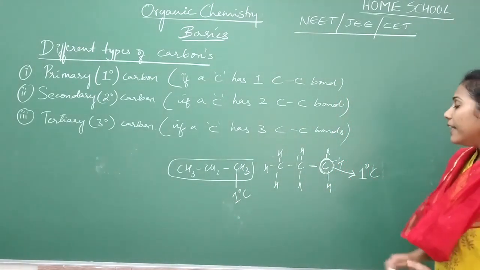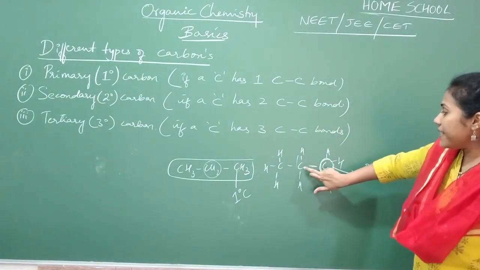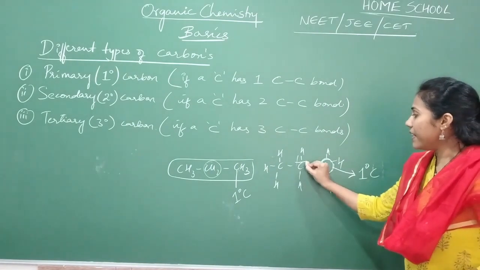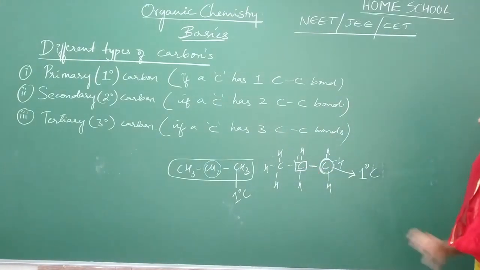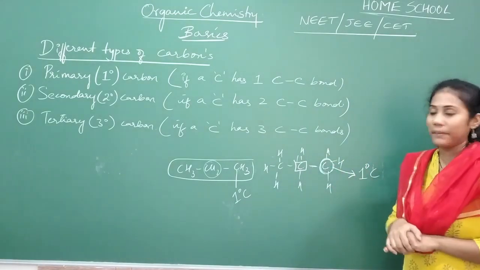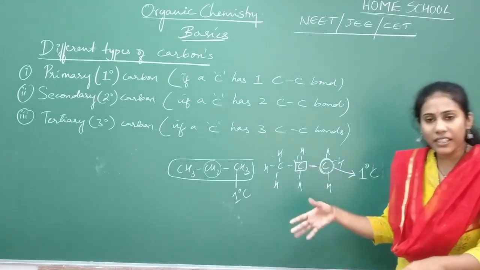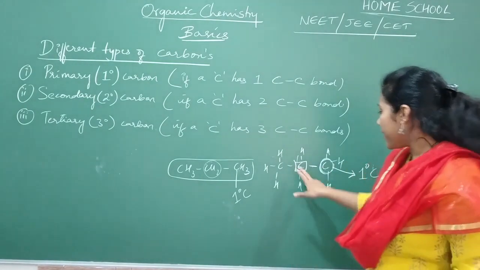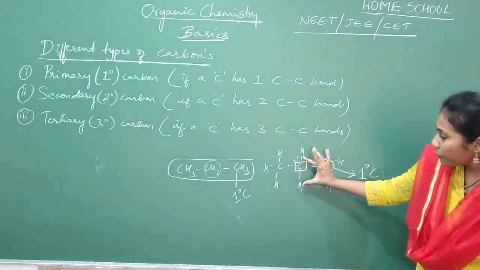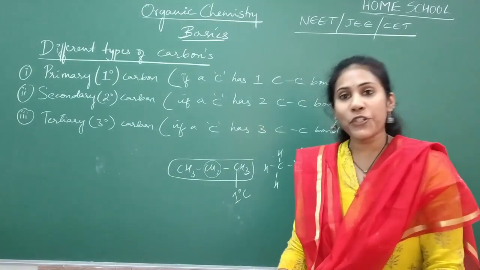Coming to the second carbon, the one which I have kept in the square. Observe the bonds around this carbon. It also has 4 bonds around it. Among them 2 bonds are with hydrogen, but 2 bonds are with carbons only.